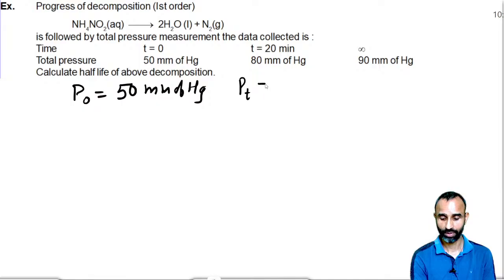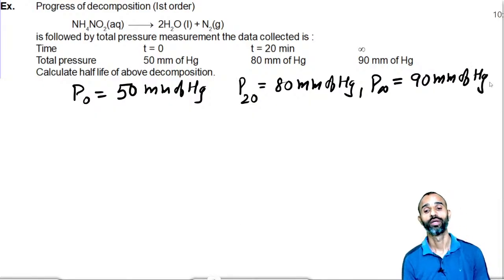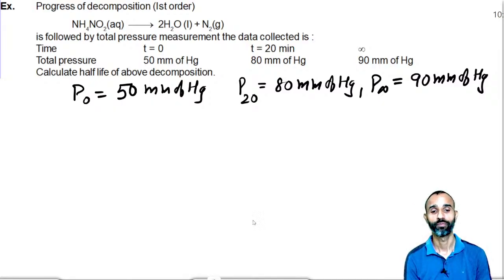After time 20, P20 is given, and P infinity is also given, 90 mm of Hg. What is k? Or calculate half life.